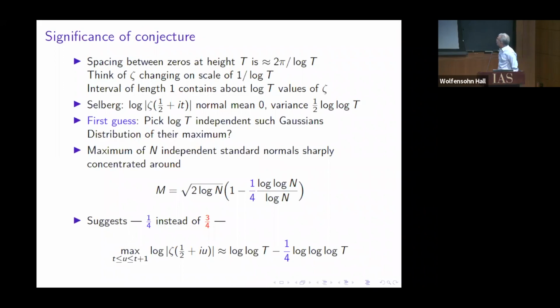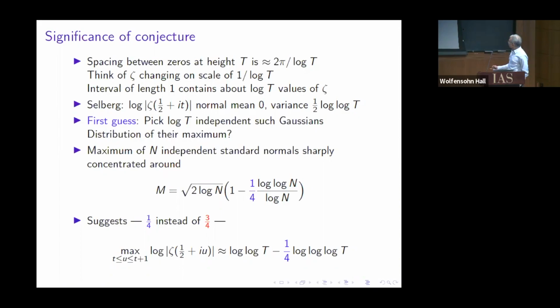Now, what is the point of this conjecture? We know from Selberg's theorem that the logarithm of the zeta function looks like a Gaussian. So we could imagine that in an interval of length 1, you're taking maybe log t independent samples of a Gaussian, and you can ask, what is the maximum among them?